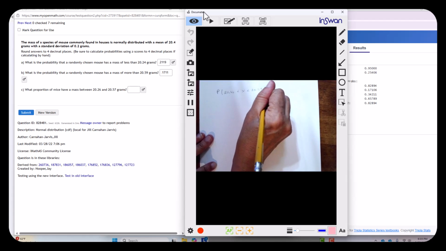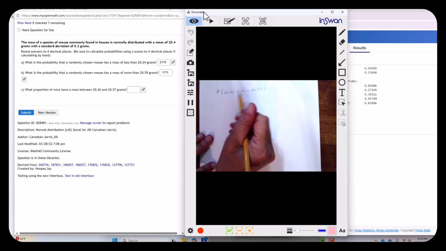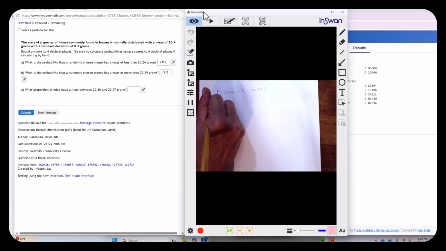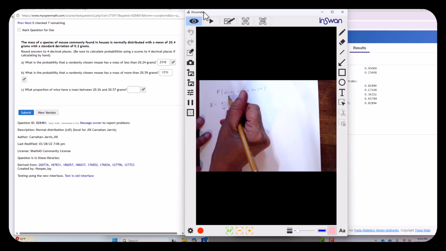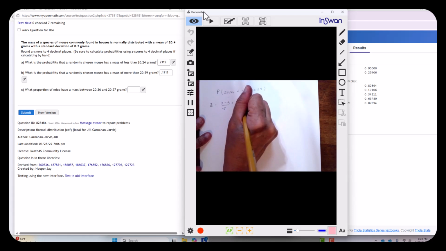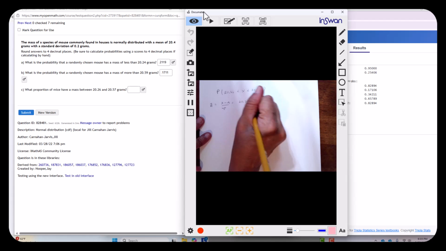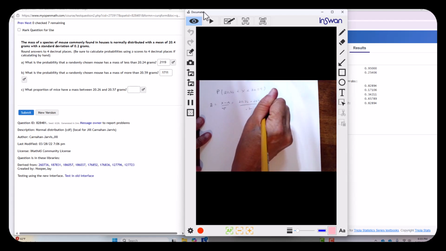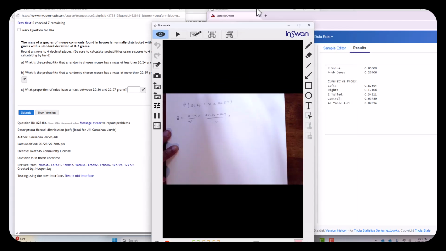Okay, so I have to find a z-score for each one of these. The first one: z is x minus mu over sigma. I'll be using this x value, which is 20.26. Subtract off mu, which is 20.4, and divide that by 0.2. Get my calculator back up.